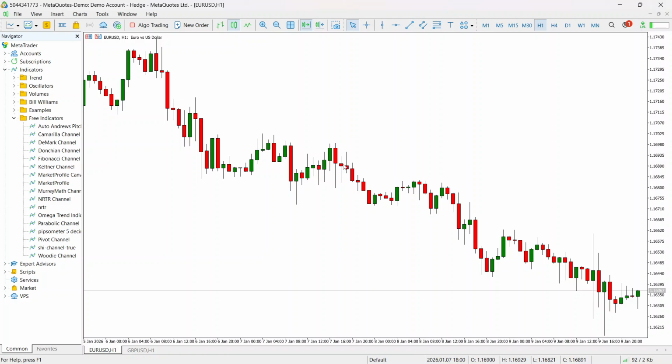The Schiff Pitchfork is a technical analysis tool named after its creator, Dr. Allen H. Schiff, that helps traders identify potential price trends and support and resistance levels in financial markets. It consists of three parallel trend lines drawn based on three significant pivot points, typically extreme highs and lows, that signify key turning points in price movement.